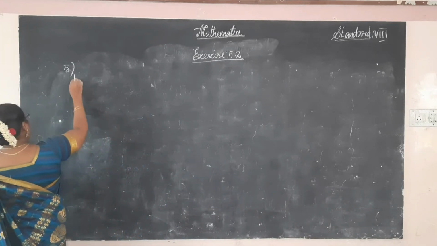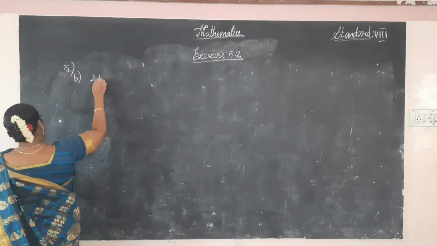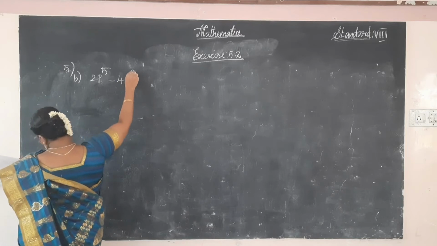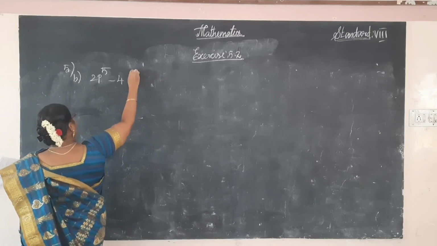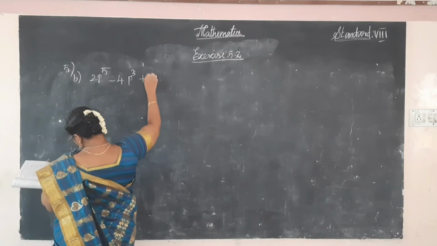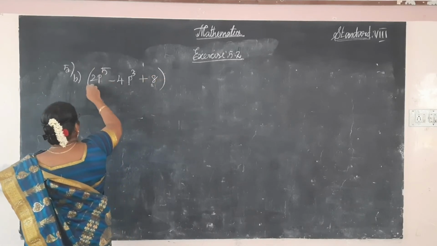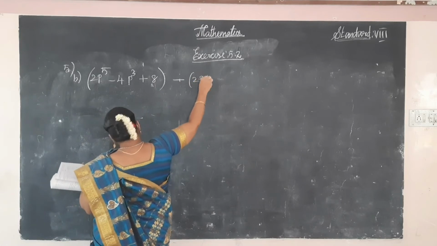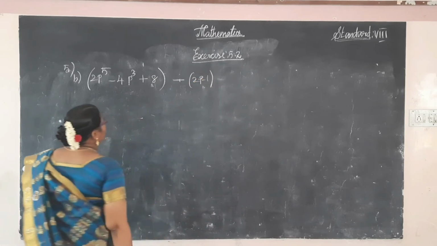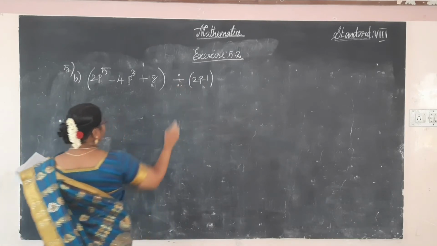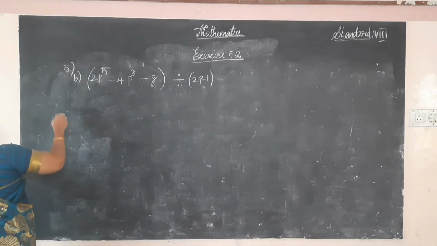Okay, so B problem, 2p power 5 minus 4p power 3 plus 8 divided by 2p minus 1. Division symbol. Okay, solution.